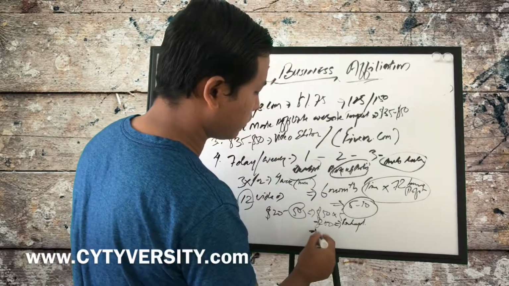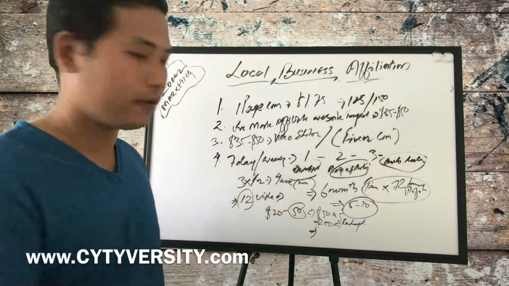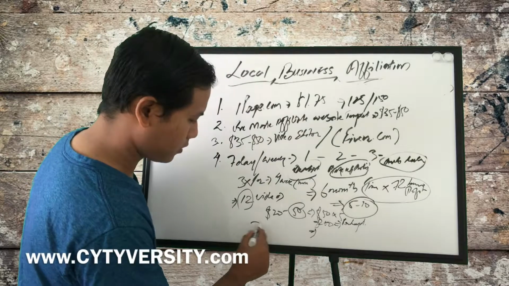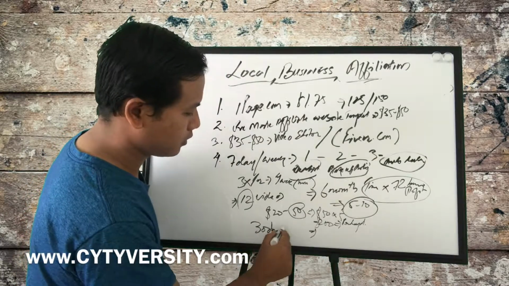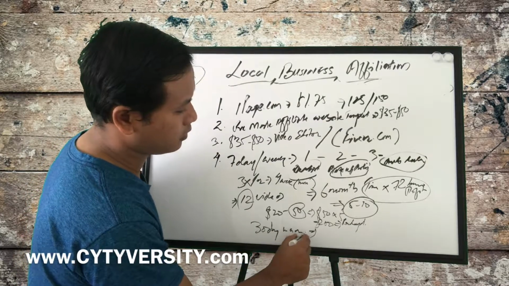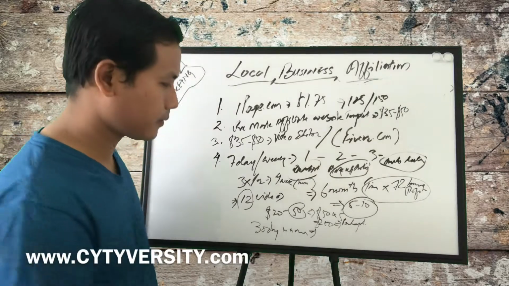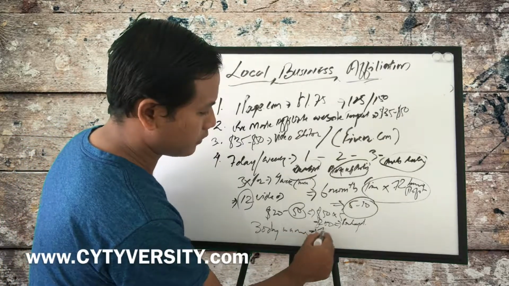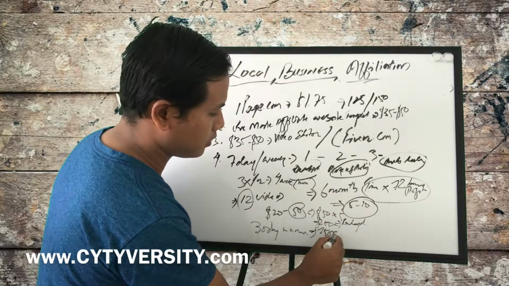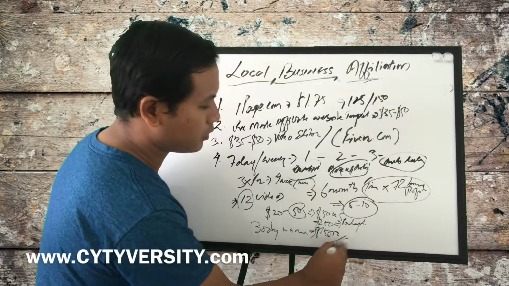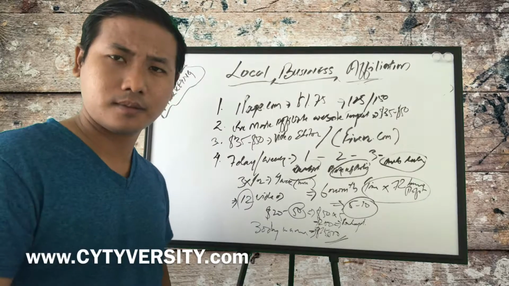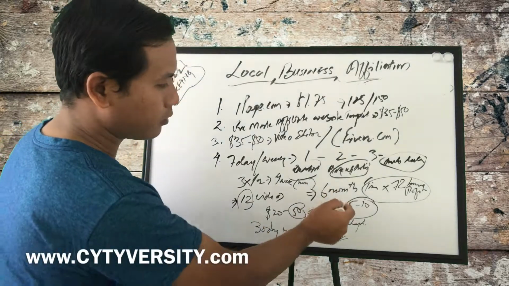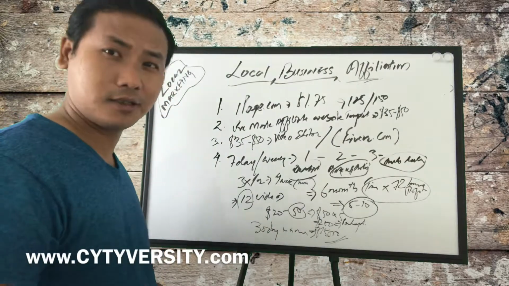So once you add $25 to $50 per day, over 30 days in a month, how much do you make? You make $7,500 a month after possibly 6 months, but it's not necessarily 6 months.